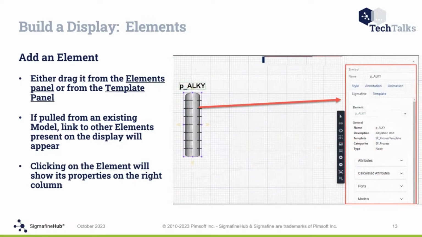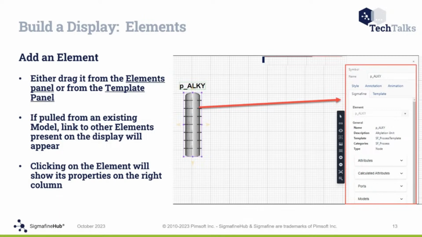And then clicking on an element. As soon as it is on the screen, you can click on it, and on the right side of the screen you will have this element properties panel that will appear, and you can make all the changes you want on that element, including adding annotations.